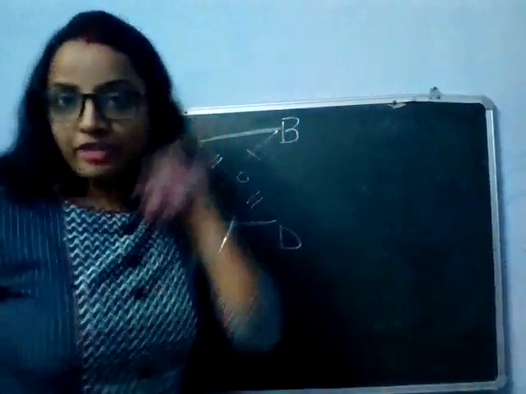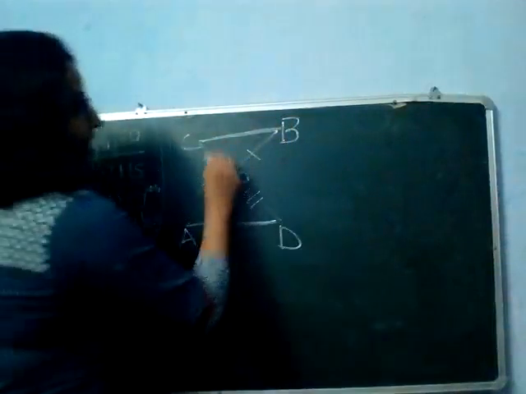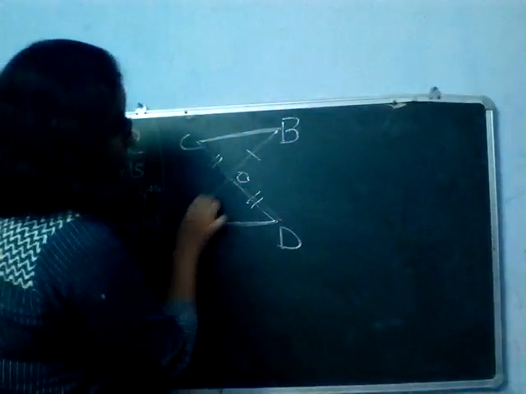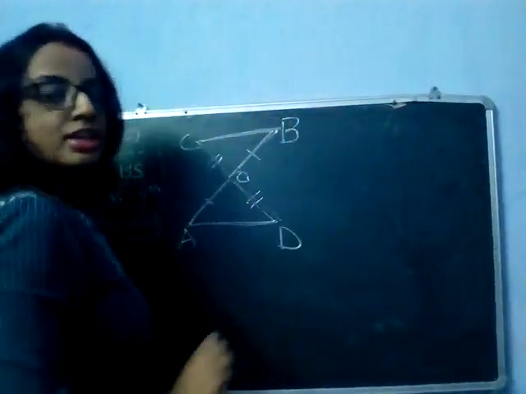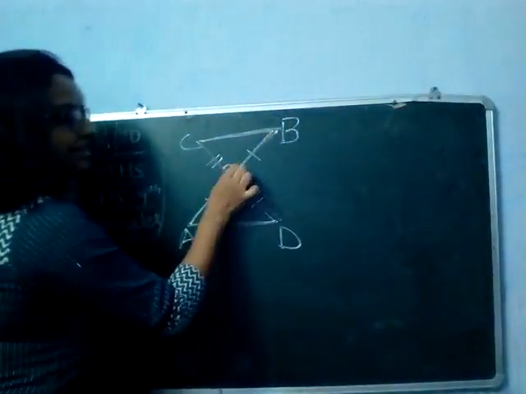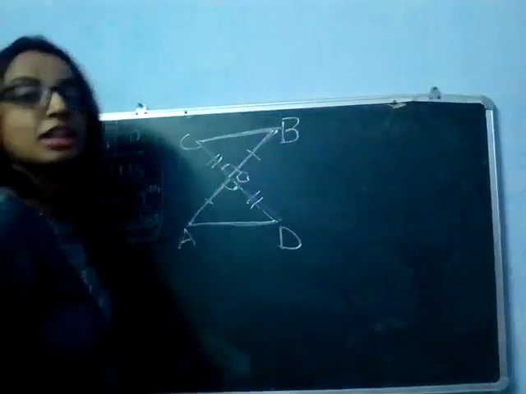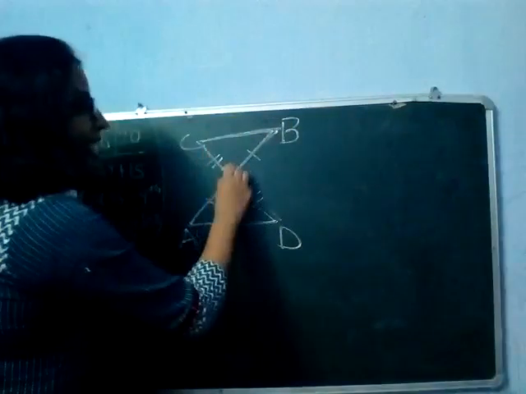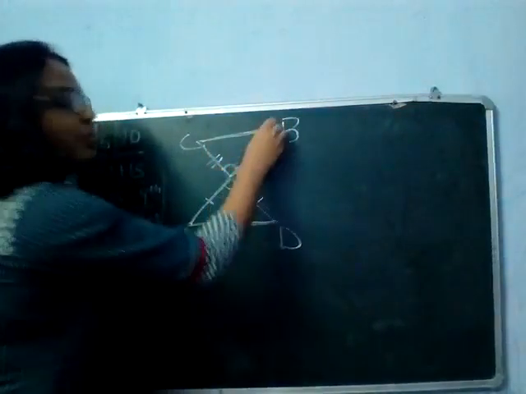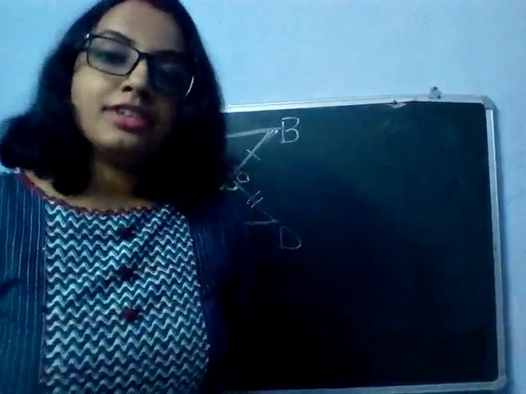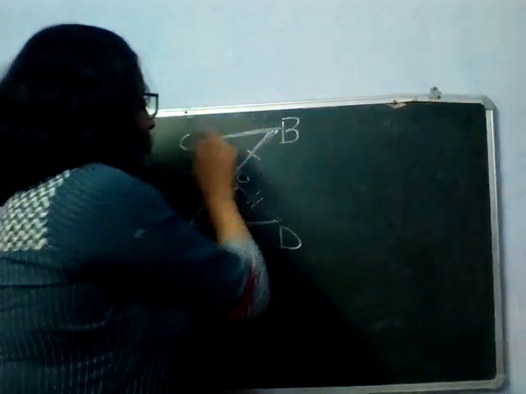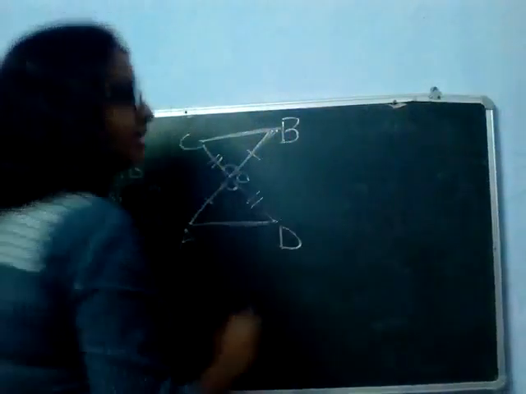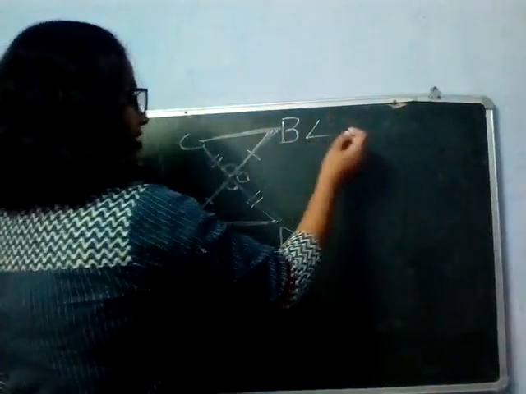Now let's solve it. As it is given that side OC equals side OD and side OA equals side OB, we see that this angle is equal to this angle because of vertically opposite angles. So by the SAS property, we can write triangle OCB congruent to triangle ODA.